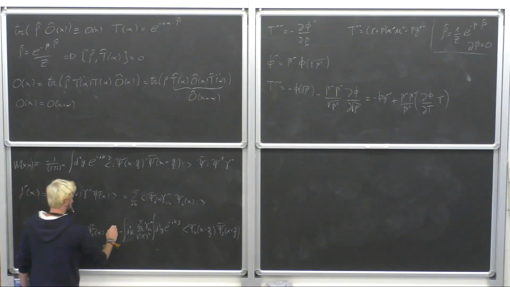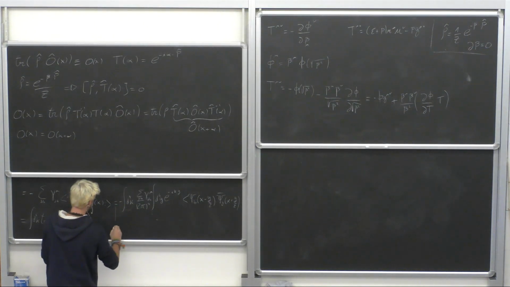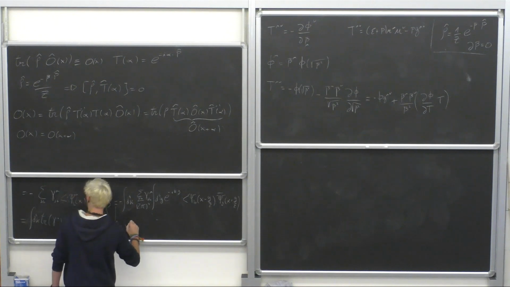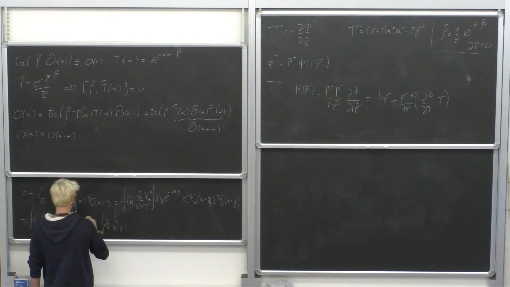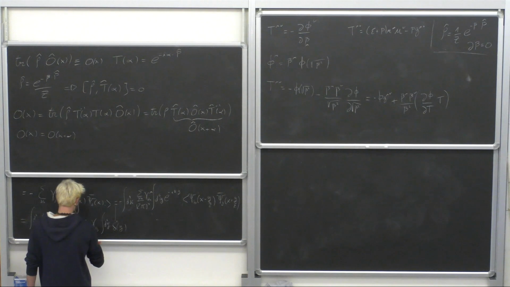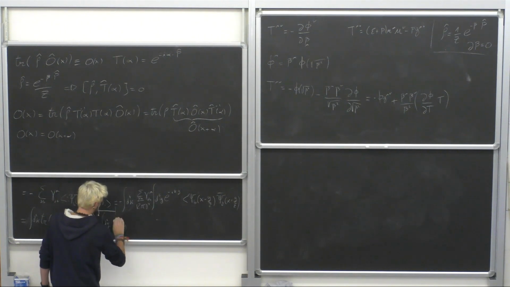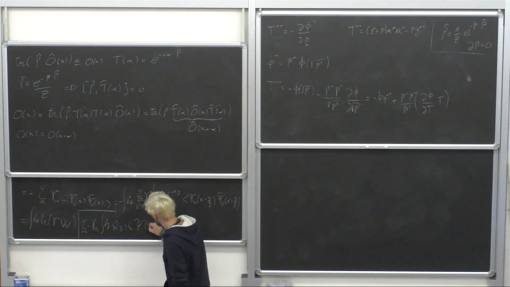So maybe I can do an intermediate step. Actually, this would be helpful. This is just delta 4 of y. And then I have gamma AB, and then minus, and then I have psi.